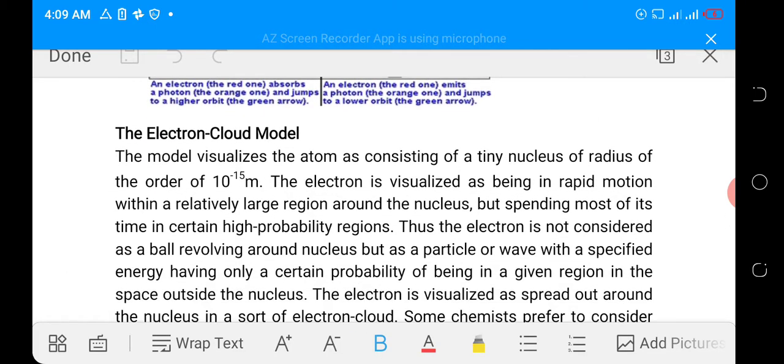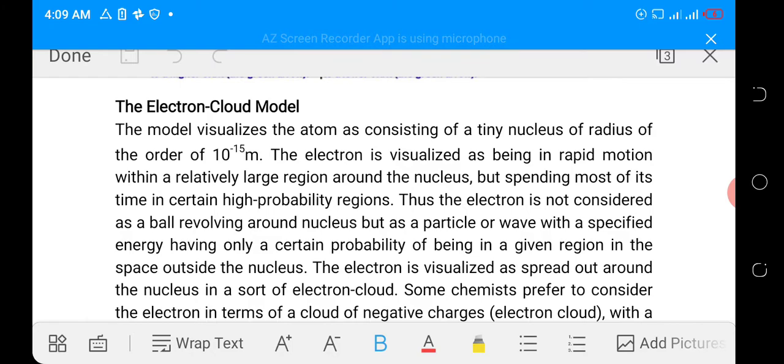Now let's move to the electron cloud model. The model visualizes the atom as consisting of a tiny nucleus of radius of the order of 10^-15 meter. The electron is visualized as being in rapid motion within a relatively large region around the nucleus, but spending most of its time in certain high probability regions.